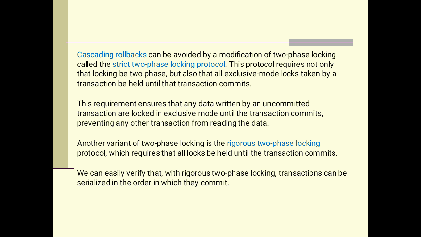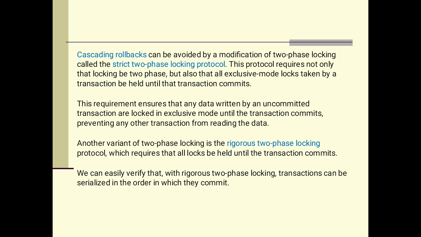Now what exactly is strict two-phase locking protocol? This protocol requires not only that locking be two-phase, but also that all exclusive mode locks taken by a transaction be held until that transaction commits. So all the exclusive mode locks are held until the transaction commits.